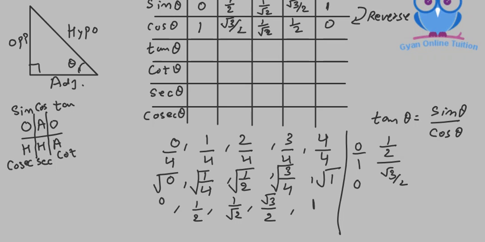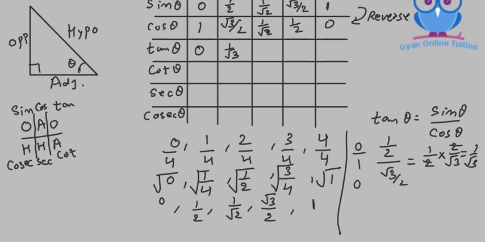We simplify this: 1 by 2 times 2 by root 3, taking the reciprocal of the denominator. The answer is 1 by root 3.